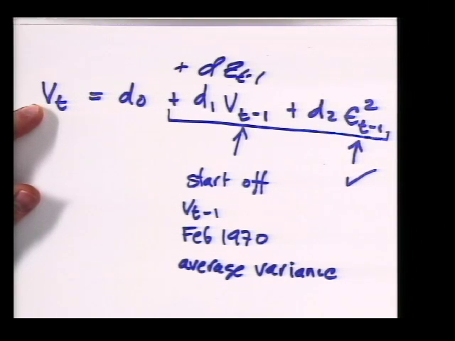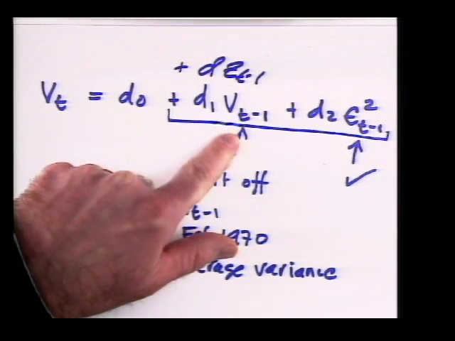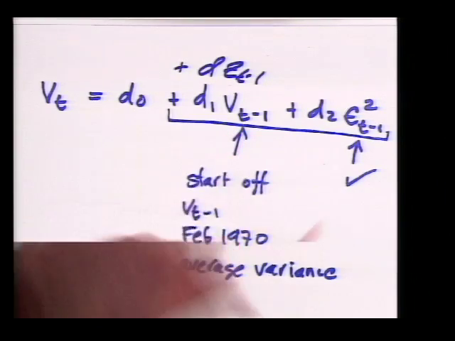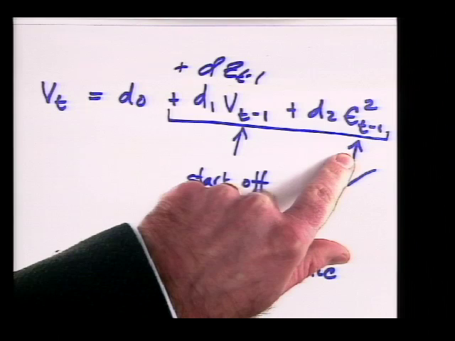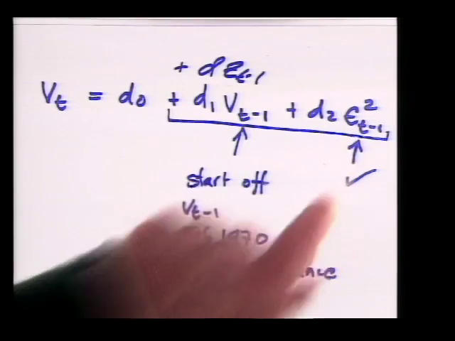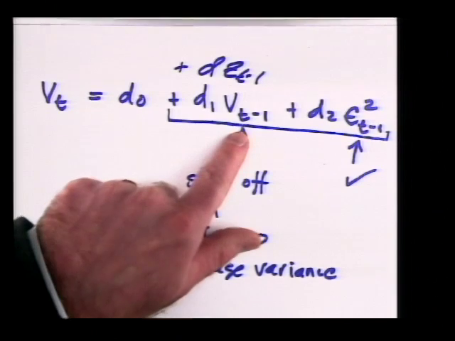How do we get the March 2001 forecast? Well, we've got in this model the January 2001 volatility. We've got the January 2001 squared residual from our forecasting model of the expected return. To get March, what we actually do is to take our forecast of February and dump it in right here.